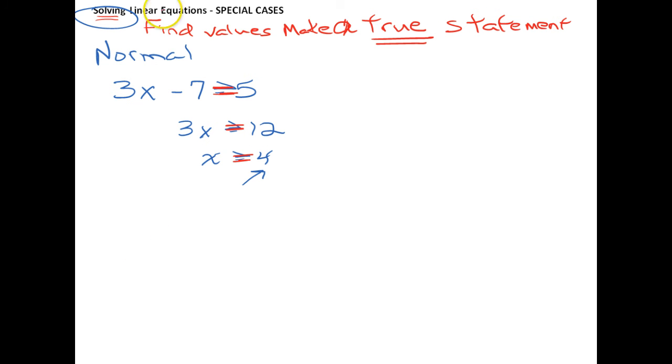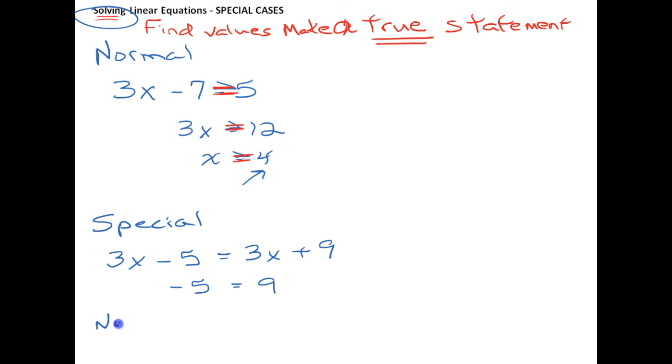For example, if you're solving an equation and you get to this point where maybe you have 3x minus 5 is equal to 3x plus 9, and you go and try to get all your x's together on one side, and you wind up with negative 5 equaling a positive 9, and there's no x variable left. Well, that's what makes it the special case.